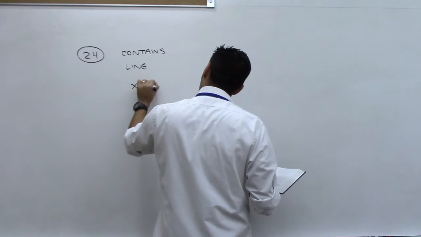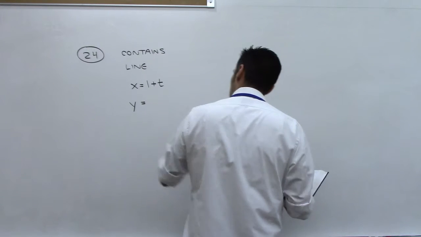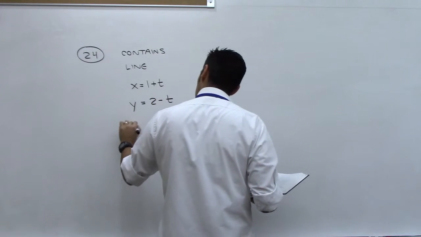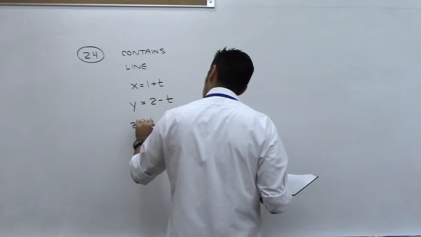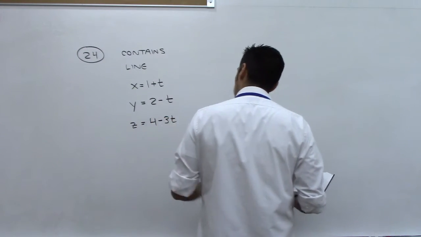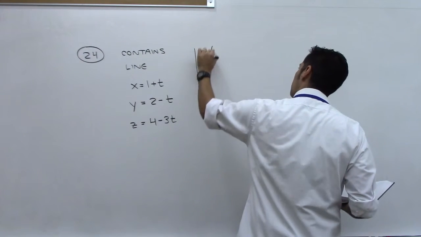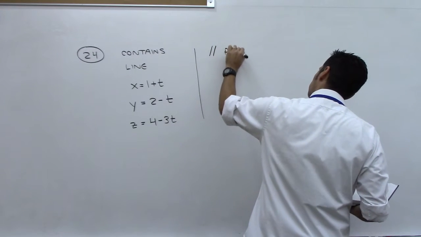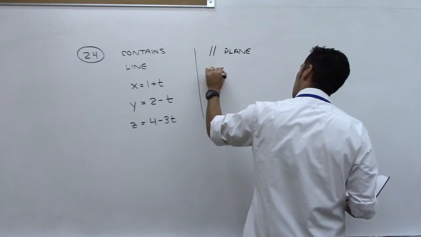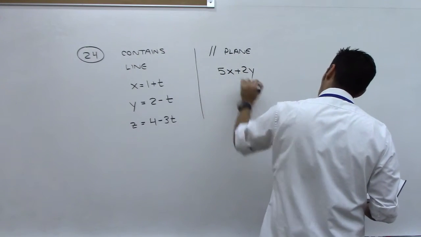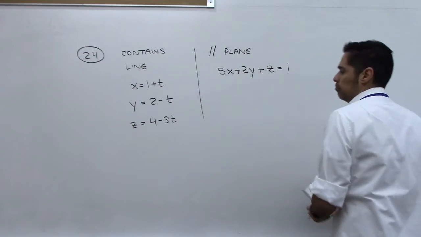X equals 1 plus t, y equals 2 minus t, z equals 4 minus 3t. And is parallel to the plane 5x plus 2y plus z equals 1.